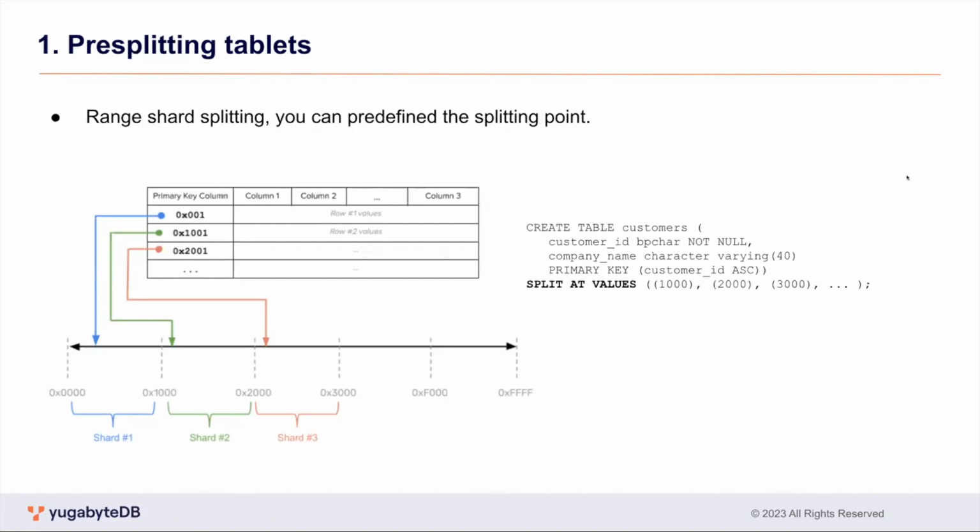So 0 to 1,000 will be in the first bucket, and 1001 to 2000 will be the second bucket. So 1 will be in the first bucket, and 1001 will be in the second bucket, because this is the way I decide to split. So this is the pre-splitting, and this happens at creation time.